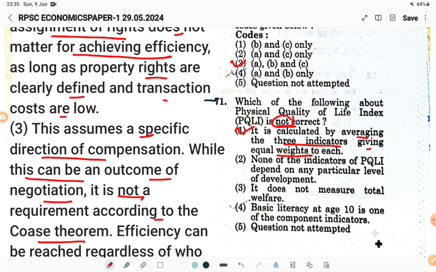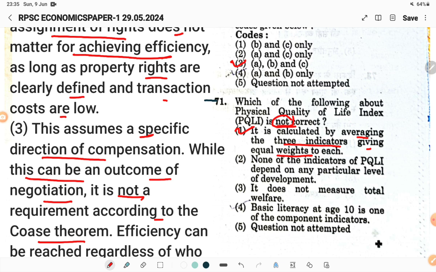Instead, the PQLI is calculated by averaging three indicators: infant mortality rate, life expectancy at age 1, and basic literacy at age 10. However, these indicators are not given equal weights. Life expectancy at age 1 contributes the most weight to the index, followed by basic literacy at age 10, and then the infant mortality rate.